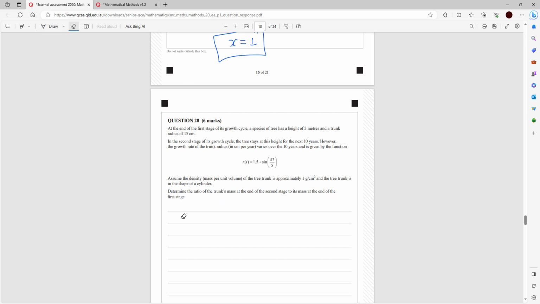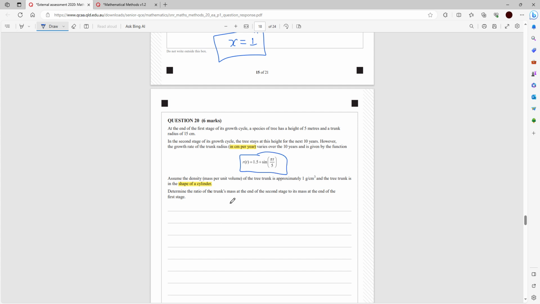So, what we're looking at is some keywords here. So a keyword that I notice straight away is here. Assume the shape of a cylinder. And here, a lot of people won't notice this. Centimeters per year describes this function.